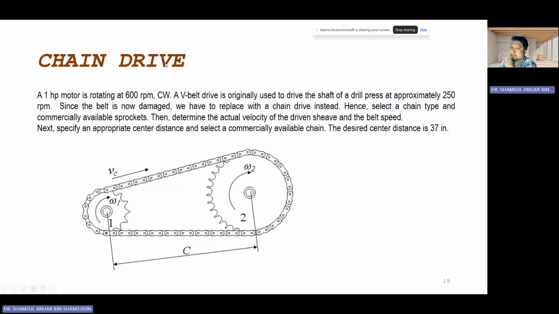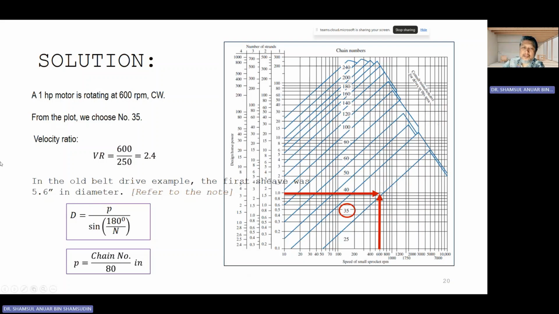You have 600, and you want to get it down to 250. So over here is 250. From that information, you can find 1 horsepower being delivered at 600, meaning you are in this region.